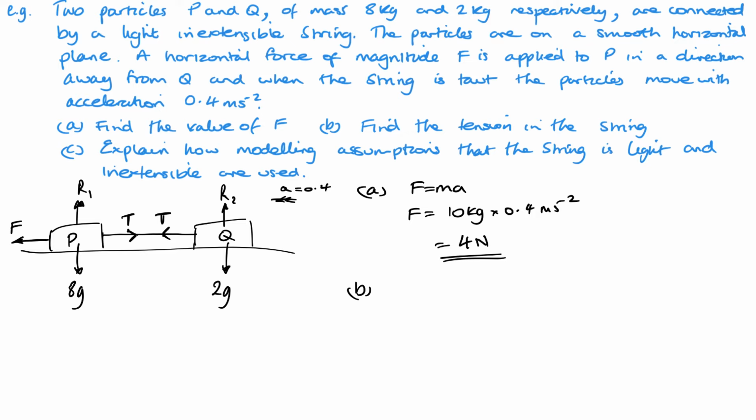Now, part B is the tension in the string. For this, I want to be looking at either P or Q. Now, Q's the easiest one to do, but we'll do it with P first. I'll do it with both of them just to show you. So for P, we'd be looking at F equals ma.